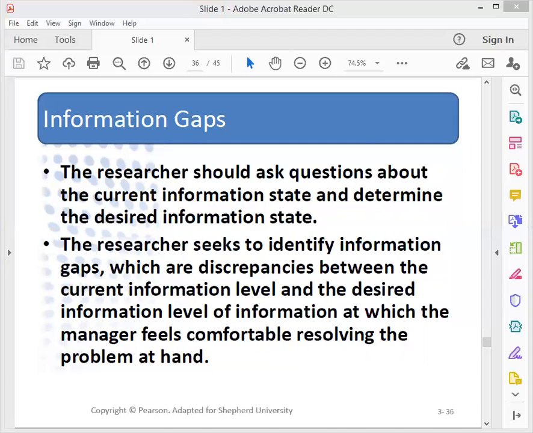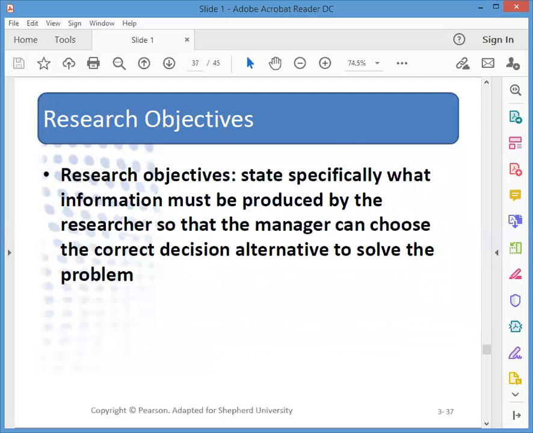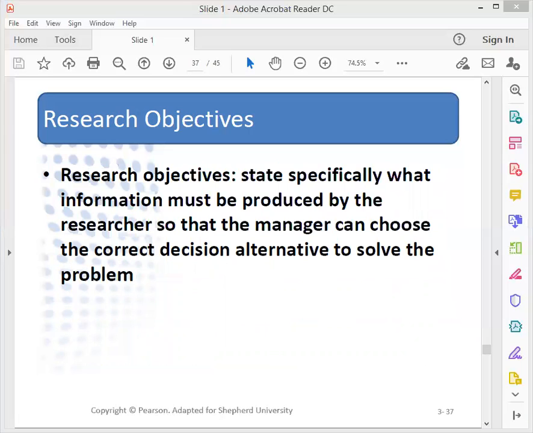Exactly what information is needed to close the information gap? This question leads us to the next step, which is creating the research objectives. Research objectives state what information must be produced by the research project.